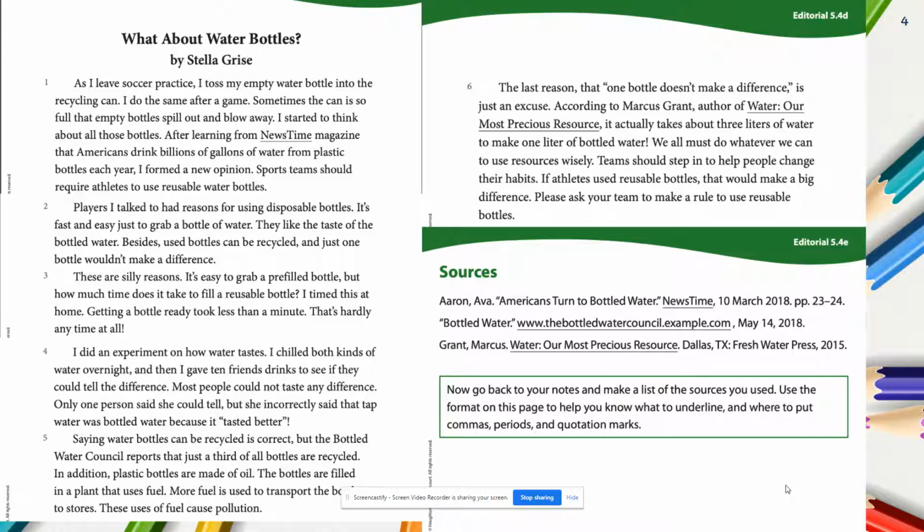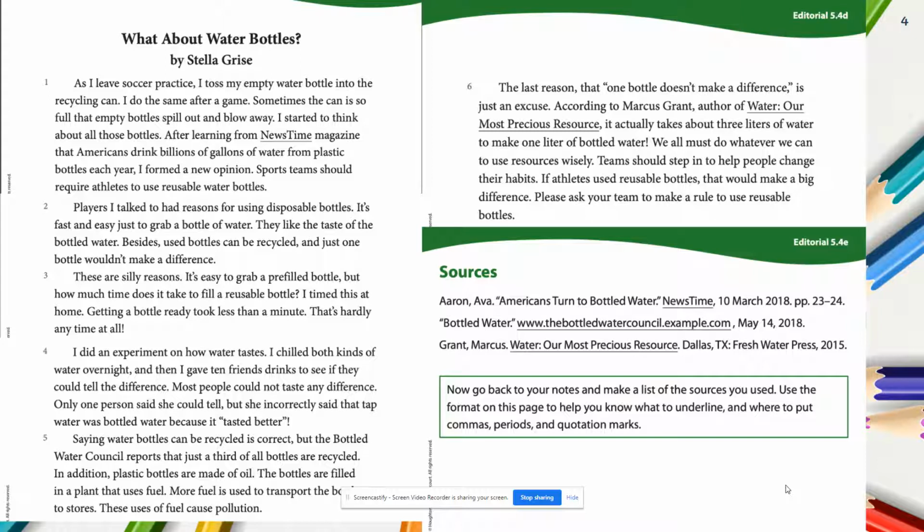The uses of fuel cause pollution. The last reason that one bottle doesn't make a difference is just an excuse. According to Marcus Grant, author of Water, our most precious resource, it actually takes about 3 liters of water to make 1 liter of bottled water.